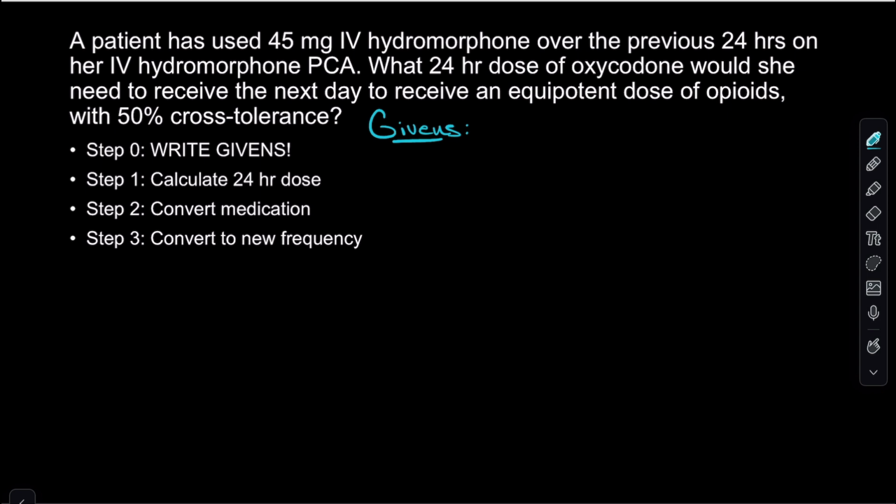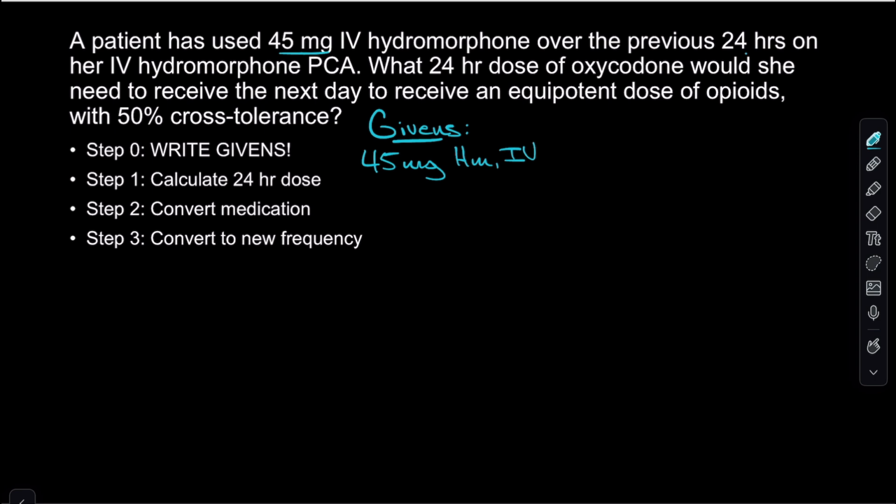The first number that we're given up here is 45 milligrams IV, we'll say 45 milligrams hydromorphone IV.